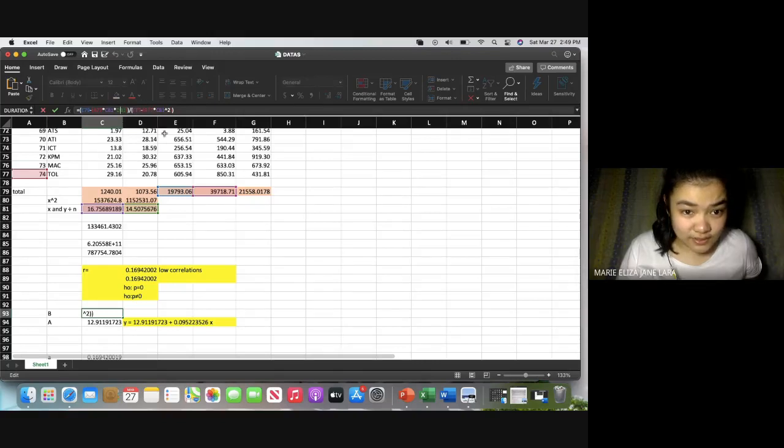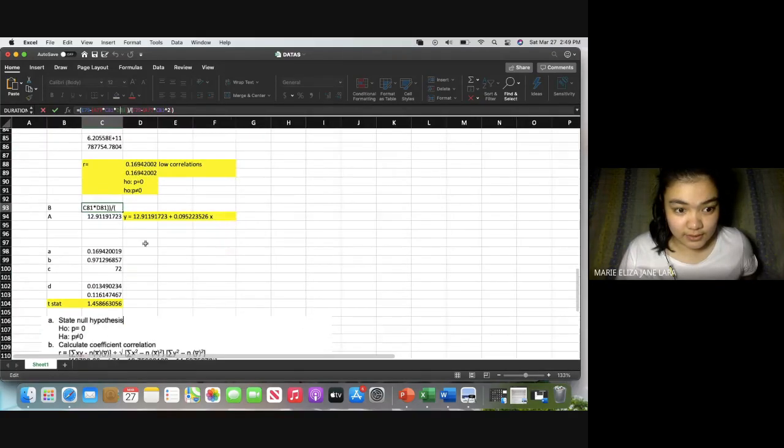divided by F79, which is the summation of x squared, minus A77, sample size, times C81, the sum of x divided by the sample size, then squared. We get the value of b.